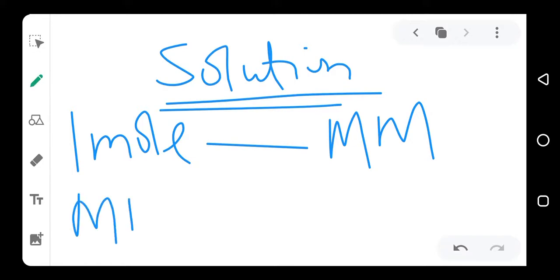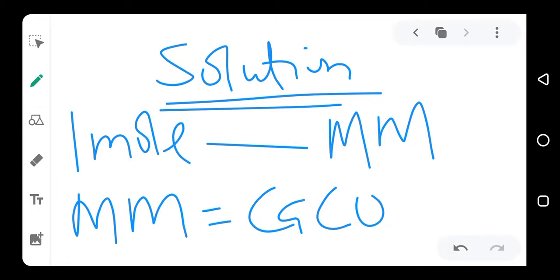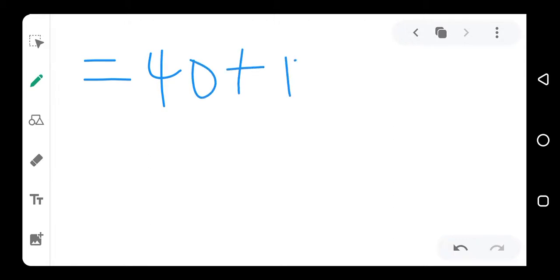Molar mass of CaCO3 is equal to Ca given to us is 40 plus C is 12 plus oxygen is 16 times 3.